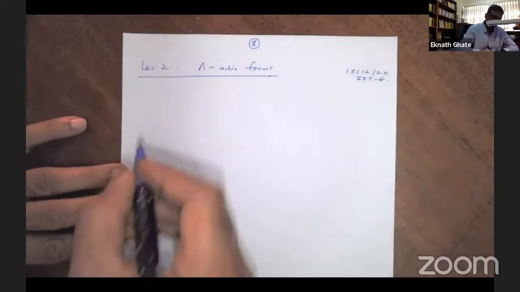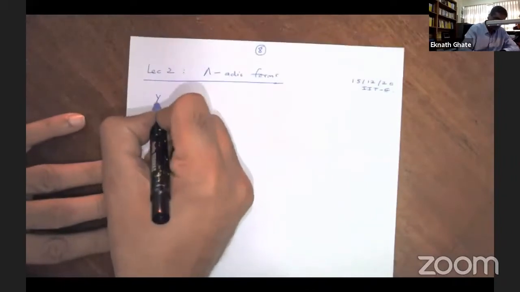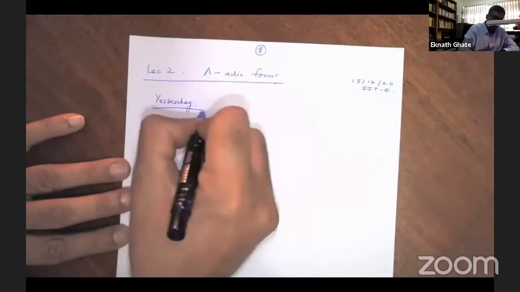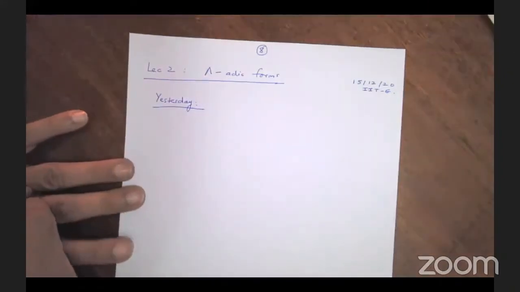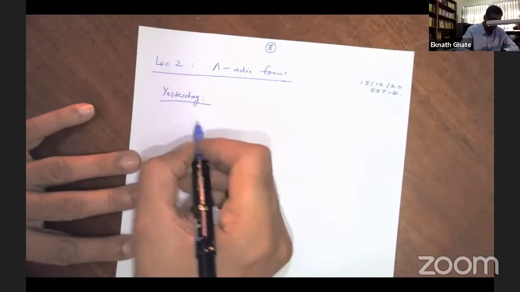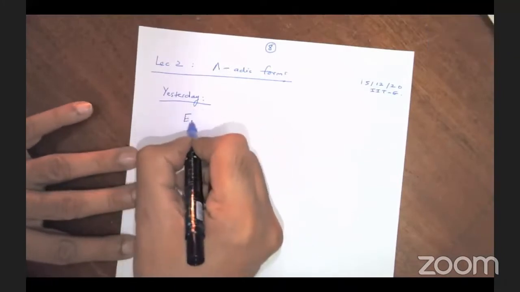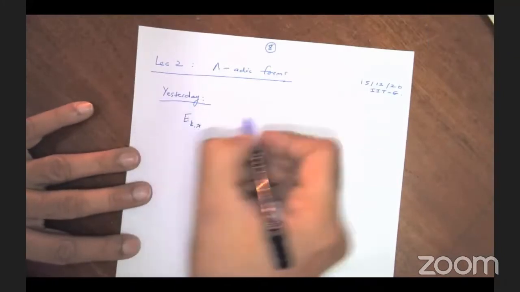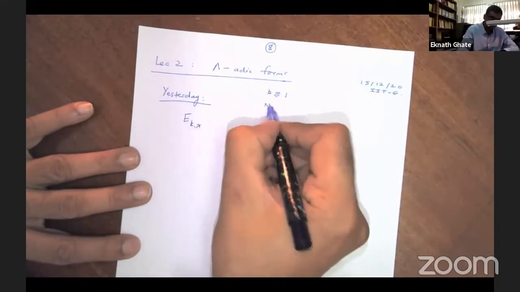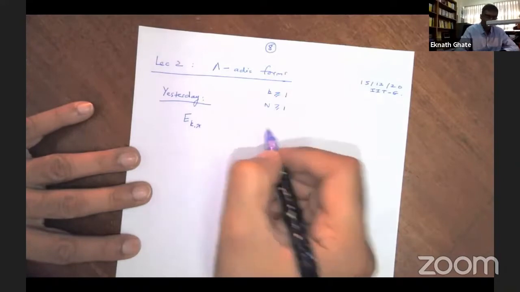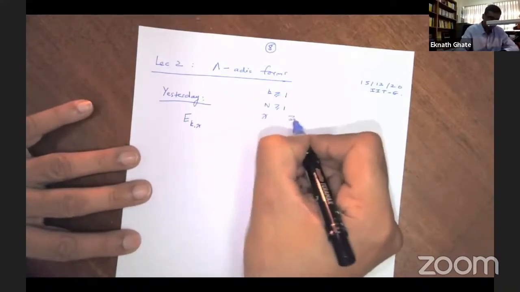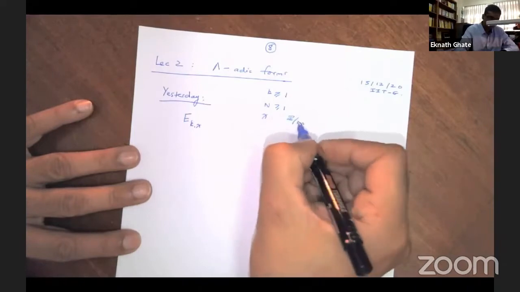So let me recall some things. I wasn't planning to do this, but I think it's good to do this. Okay, maybe I won't recall everything. I'll just recall the generalized Eisenstein series for weight k greater than 1, n greater than 1, and chi a character.